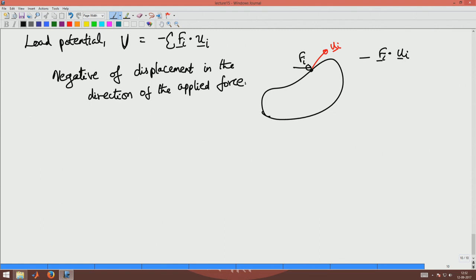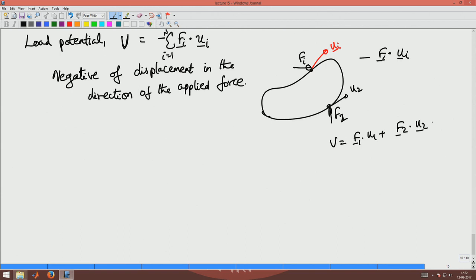Okay. That is the load potential. Finally, you have to sum this from i equal to 1 to n for all the forces that you are applying. If you have F1 there, another F2 here, and this point displaces by u2, V would be negative of F1 dot with u1 plus F2 dot with u2.